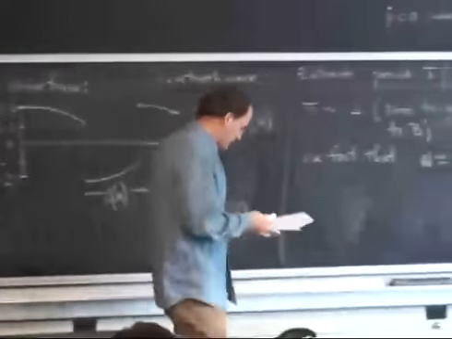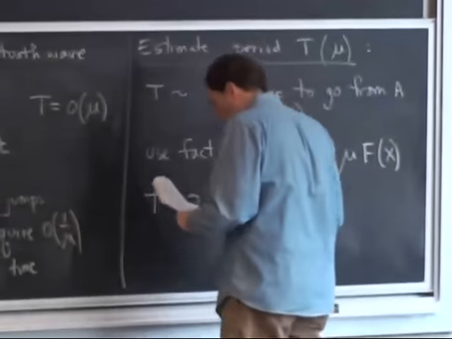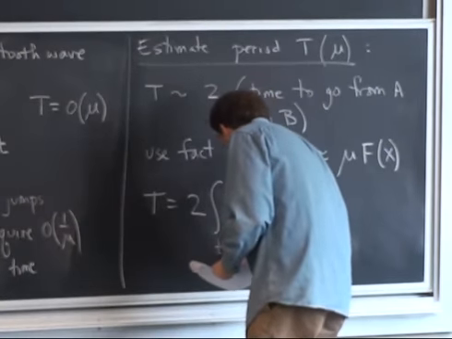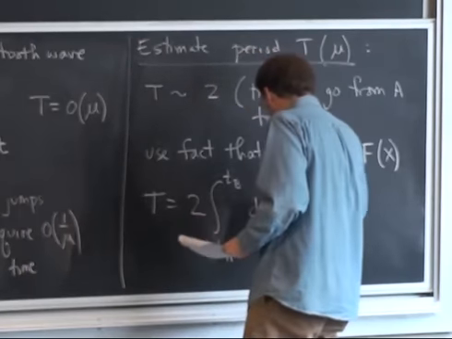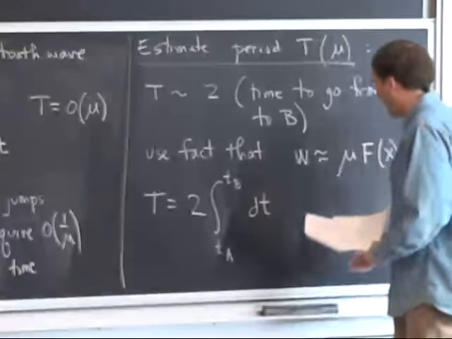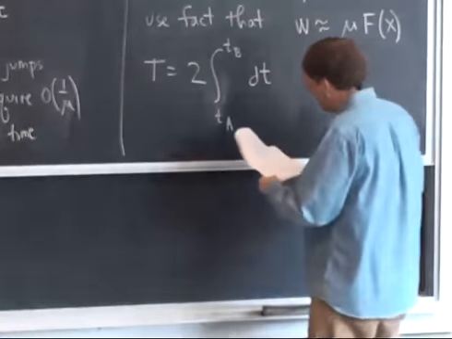And then, how does that help us? Well, the period is going to be 2 times the integral from whatever the time is when we're at A till the time when we're at B, dt. And now we can rewrite that somewhat cleverly.